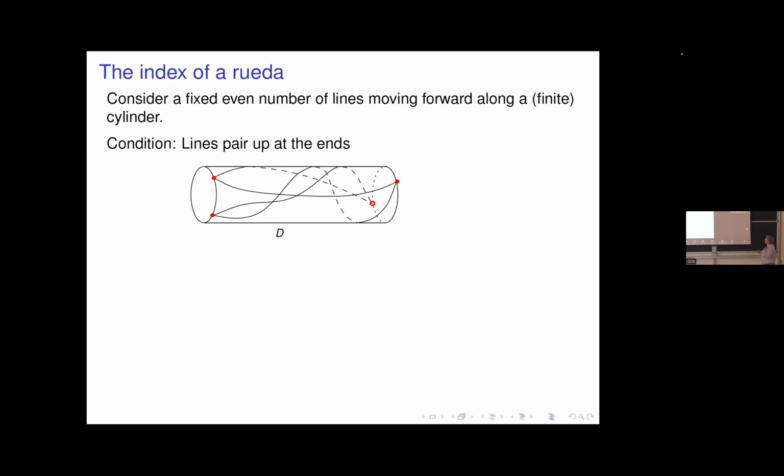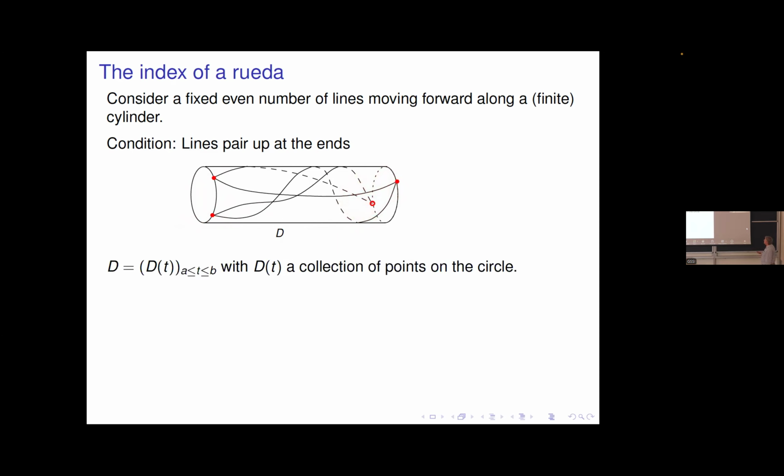So here's a picture like the one I just showed when starting again. But it's slightly different. The configuration you have at the initial circuit is not the configuration you have at the final circuit. They don't have to be the same. So there's one condition less in this regard, but there's one condition more in that you have a pairing at the beginning, so they have to pair up at the beginning and pair up at the end.